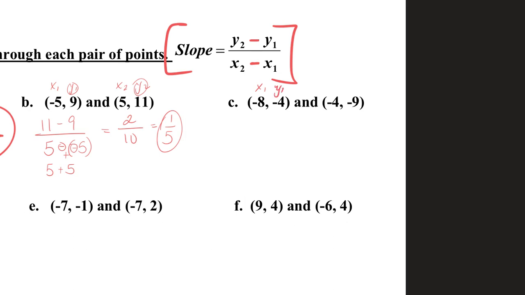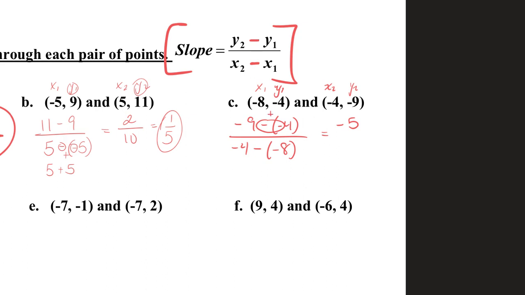So x1, y1, x2, y2. y2 is -9 minus y1 which is -4. Do not leave out any negatives or the minus or anything. We have to include all that or we'll get it wrong. So the bottom is x2, which is -4, minus x1, which is -8. -9 minus -4, well, that's -5, because that's really going to be plus.